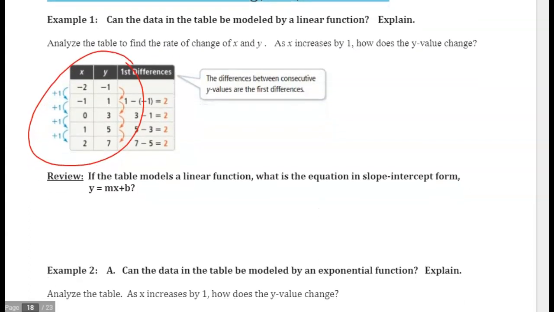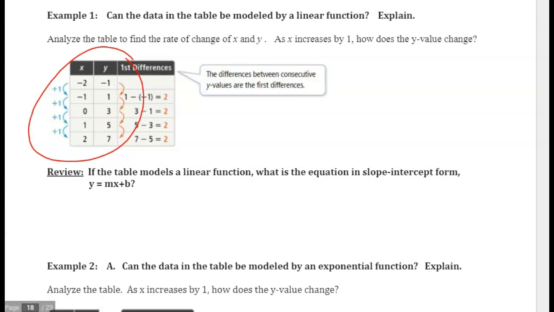So they want us to write this equation. So we've got y equals mx plus b. Remember, for the millionth time this year, m is your slope, which is your change in y over your change in x. b is my y-intercept.